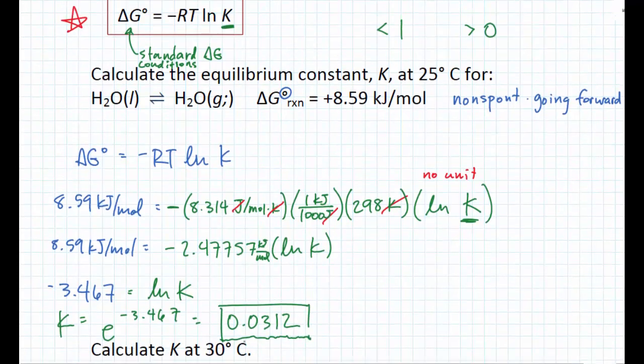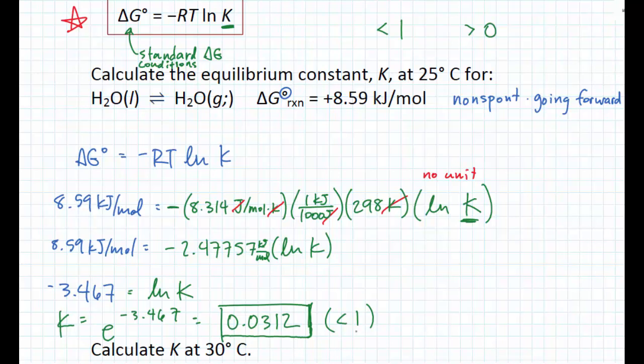Okay. What was our prediction about the size of K? Yep, less than 1. So overall, a process we would consider to be non-spontaneous would have positive delta G, meaning from our starting point, we're going to be going backwards.